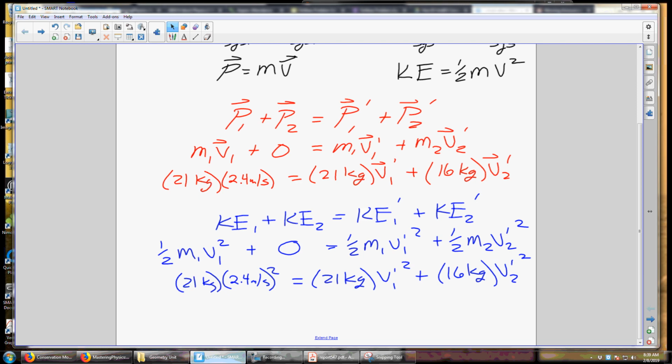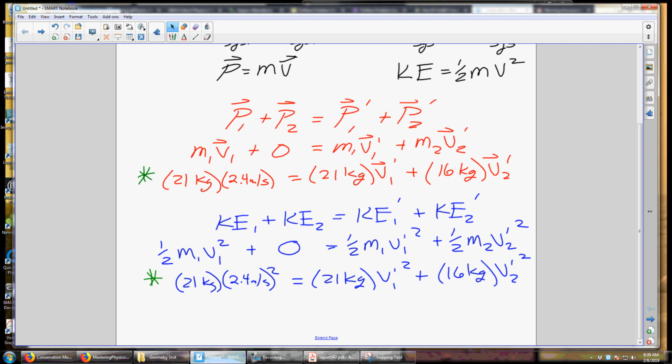But if I look at this equation and this equation, do they have anything in common? Same two unknowns, right? And from your algebra class, if you have two equations with the same two unknowns, life is good, it's solvable.